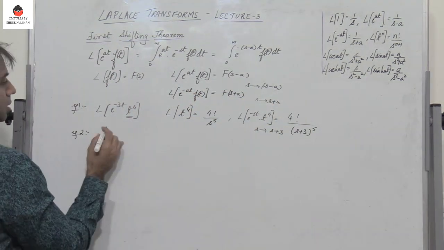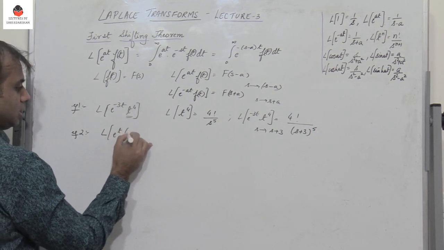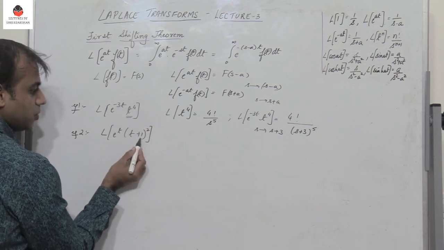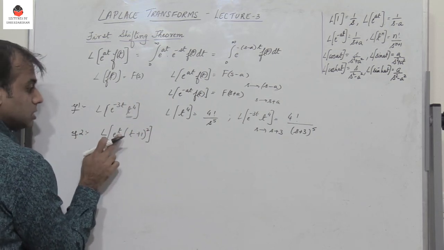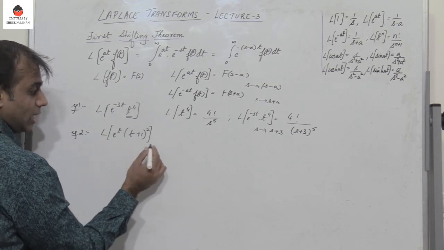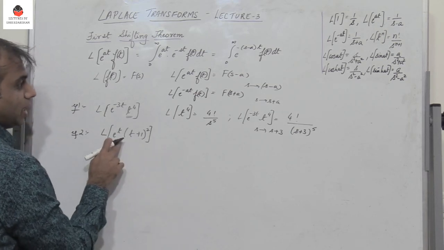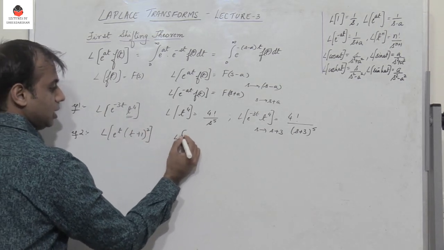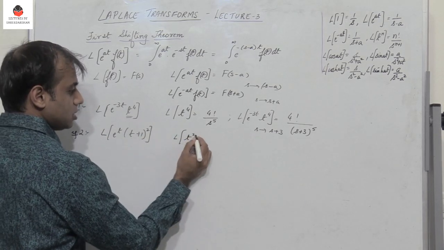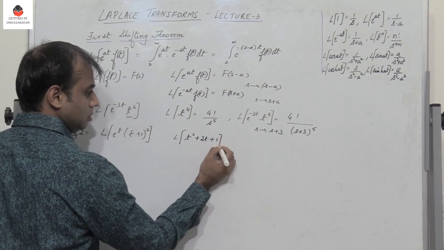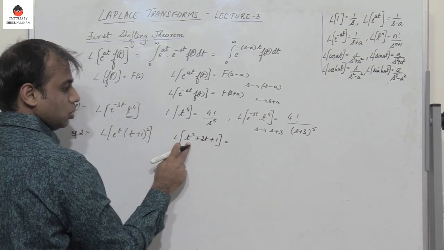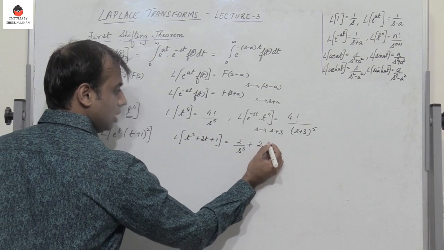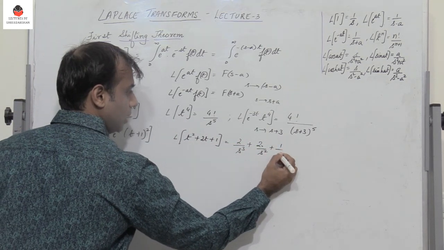Next problem. Find the Laplace transform of e power t into t plus 1 the whole square. So again you find the Laplace transform of t plus 1 the whole square, and then it is multiplied with e power t. That means wherever s is there, that has to be replaced by s minus 1 because a is 1 here. So the Laplace transform of t plus 1 whole square is t square plus 2t plus 1, which is 2 factorial divided by s cube plus 2 into 1 factorial divided by s square plus 1 by s.